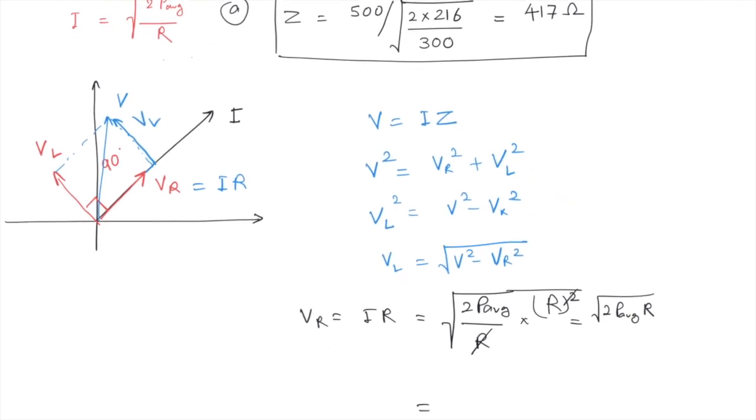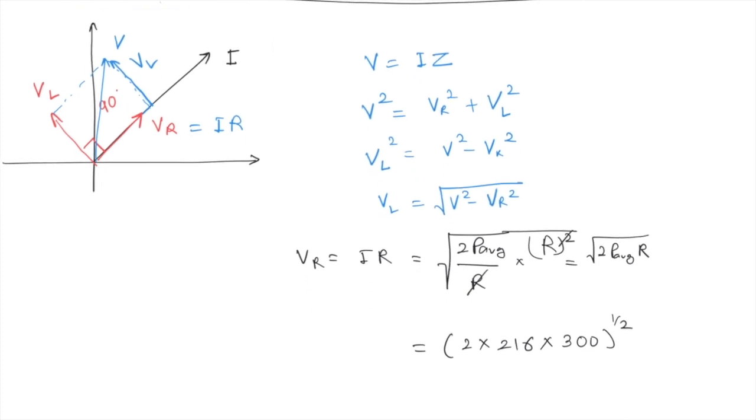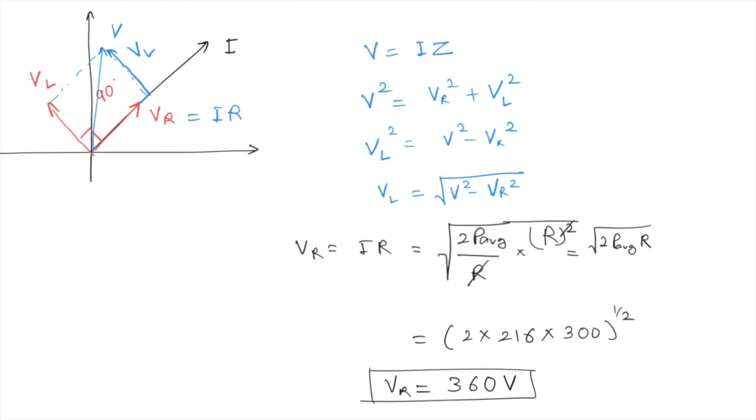So let us substitute 2 multiplied by 216 multiplied by 300 and root. Let me calculate it on the calculator. So this comes out to be 360 volt. So hence we got VR. Now we know V and VR. Substituting this, we can get to know the value of VL.